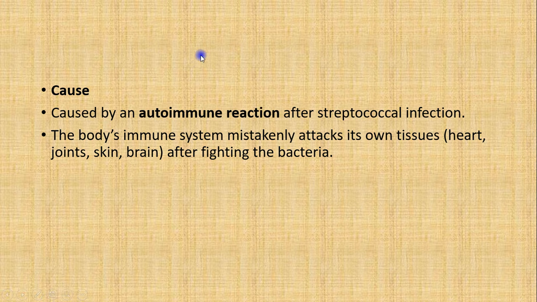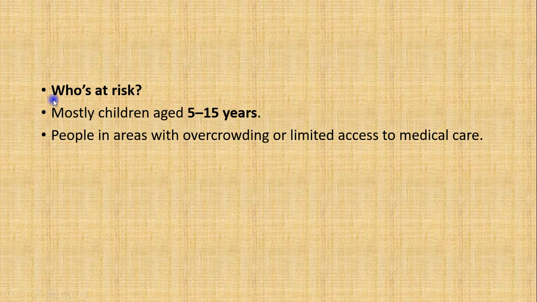So, in acute rheumatic fever, with poorly treated or untreated streptococcal infection, especially by the group A beta hemolytic streptococci, the body mounts an immune response against the organism. This immune response becomes uncontrolled, resulting in it attacking the body's own tissues such as the skin and joints, resulting in rheumatic fever.